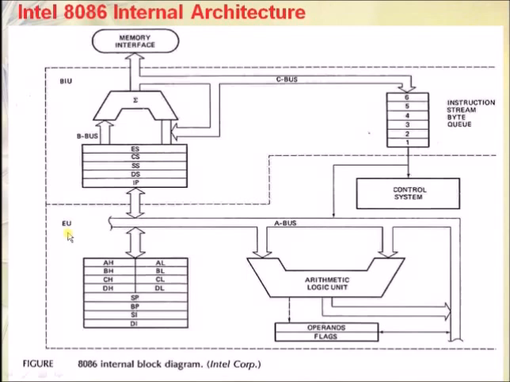Now coming to the EU, the execution unit, it contains the general purpose registers along with some pointer and index registers, and it has an arithmetic and logic unit, and then a flag register, and then a control system where it generates the control and timing signals, and some decoding operations are carried out by this control system.